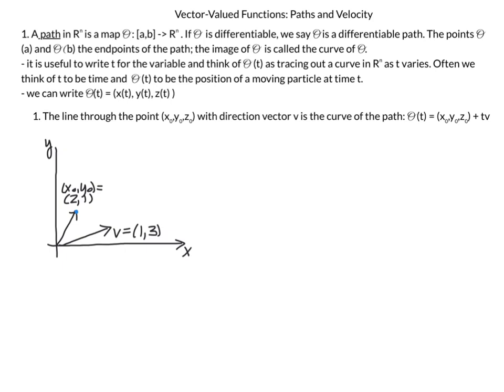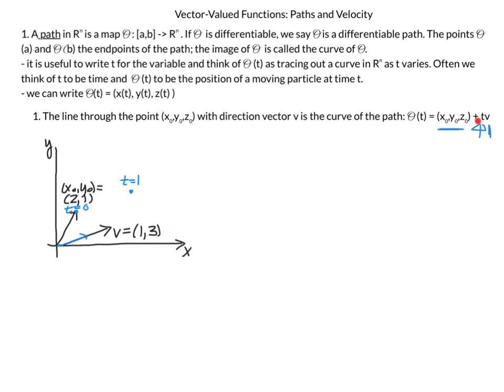Let's say t equals 1. What we end up doing is adding our point (x, y) plus our vector v. Graphically, I take my vector v and move it to the head of my vector (2, 1), and then my next point is this point here. So the 2 points I have so far are this point for t equals 0 and this point for t equals 1.